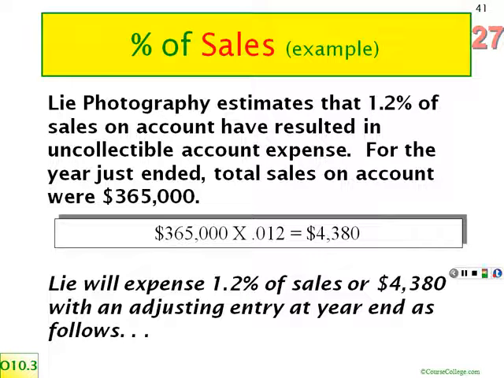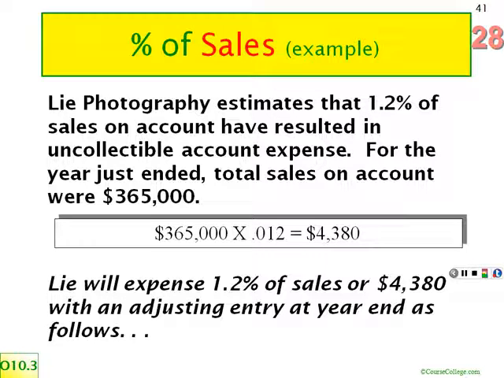No cash sales, because they do not create accounts receivable. This little photography firm here says about 1.5% of our sales on account seem to not come back to us historically. We've selected this method as the method of choice. We think it's the best way to deal with our industry and with our information. And so when we make our adjusting entry, we want to expense $4,300 of our sales on account as bad debt expense in our adjusting effort.